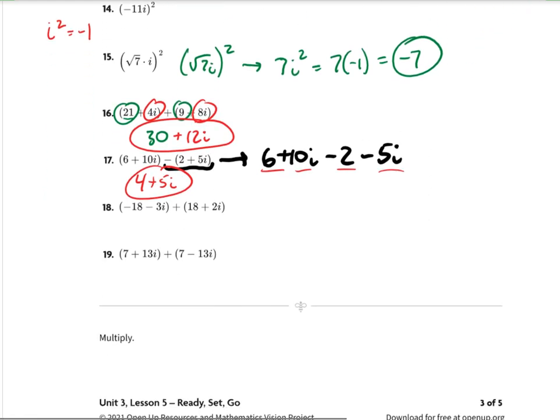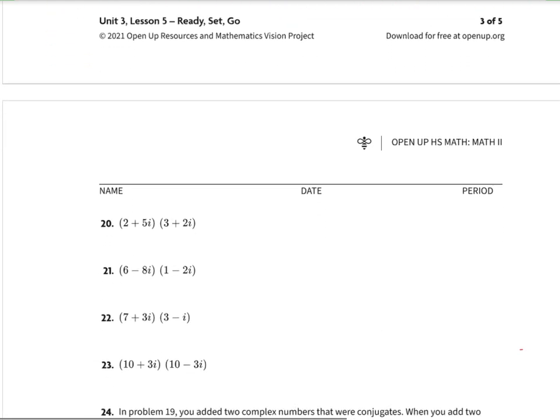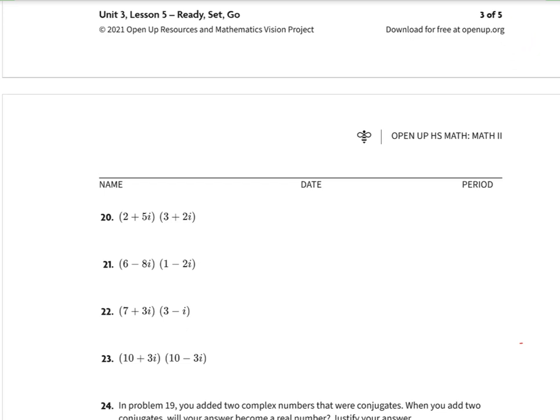Moving on to number 22. Here we're going to treat it the same way we treated every other problem like this. We can FOIL it together or multiply it through foiling. There's going to be a little bit of a unique result to this.